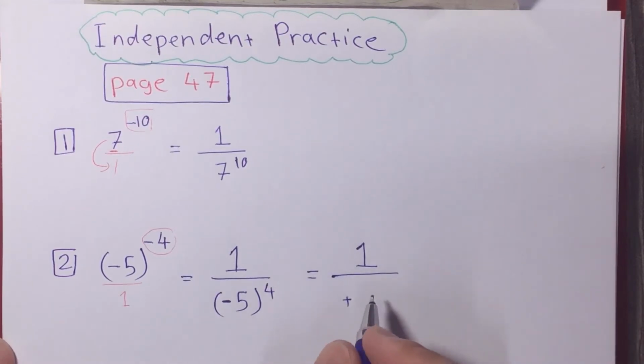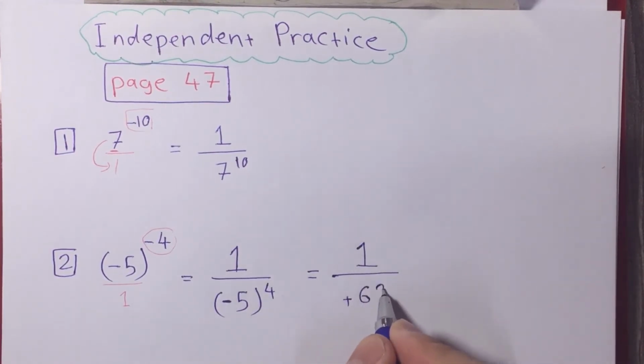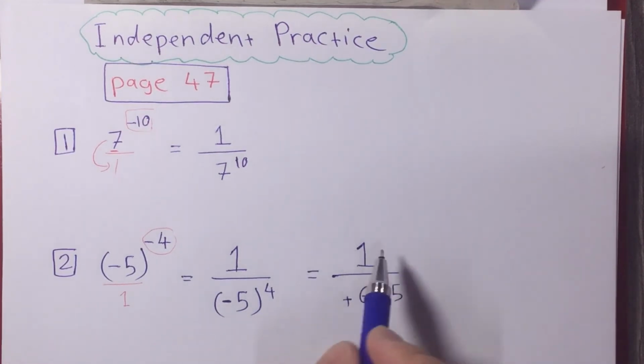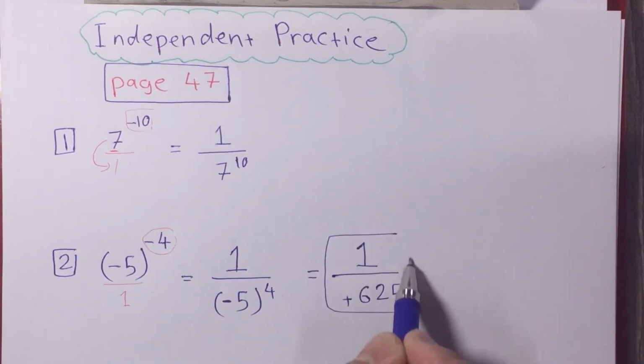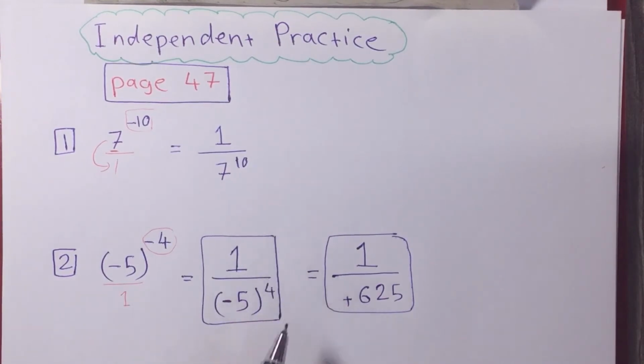If you calculate that, you will see that it is equal to 625, positive. You don't have to calculate it. If you write it in this form, that's true, because I asked you to write it in terms of positive exponent. So you don't have to calculate it.